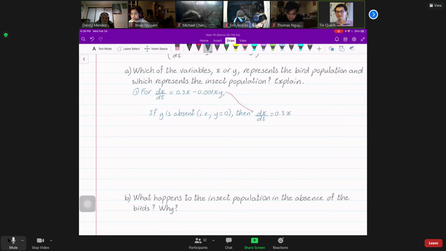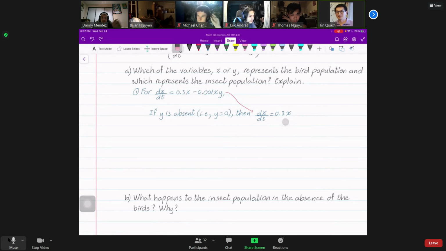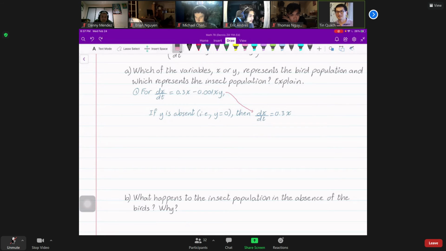All right. So if you want to know what happens to the population of x, then you want to know the rate. In this case, dx/dt is equal to 0.3 times x. So is this term positive or negative? Positive, because you talk about population x, you don't talk about negative population, right? So you know that this is positive.